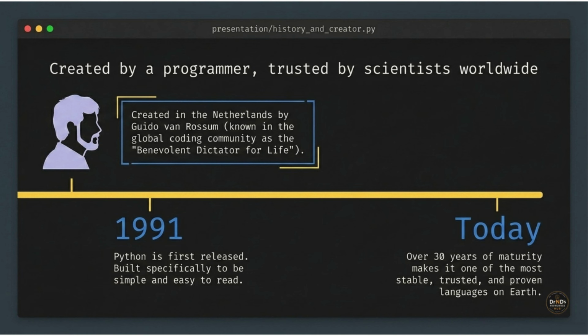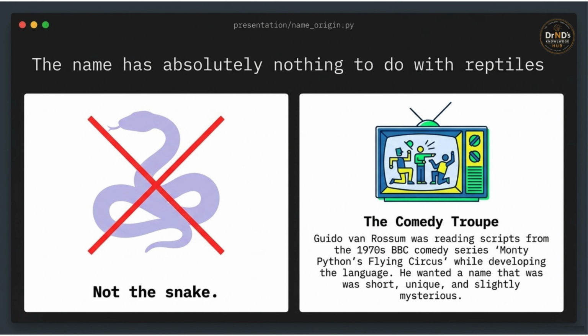Over the years, Python continued to evolve and gained enormous popularity among programmers, researchers, engineers, and scientists around the world. Today, after more than 30 years of development, Python is one of the most trusted and widely used programming languages on earth. And the amazing part is that its original philosophy remains the same: simple is better than complex.